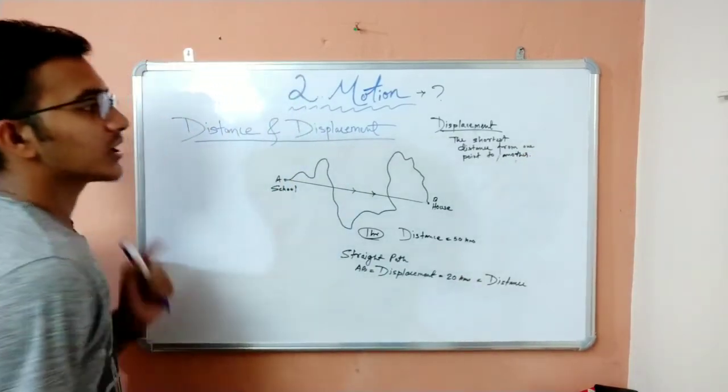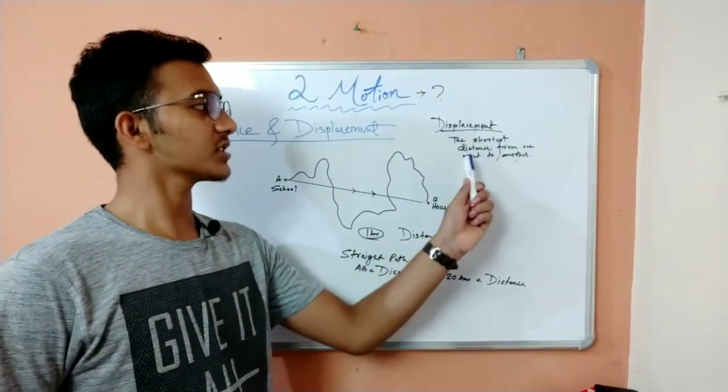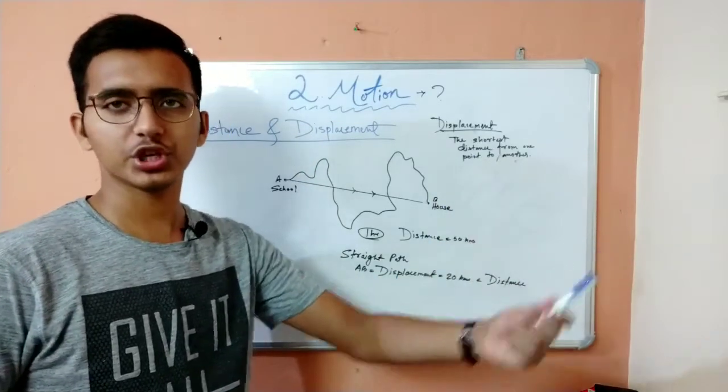Okay, so what is displacement? Displacement is the shortest distance from one point to another or from one position to another.